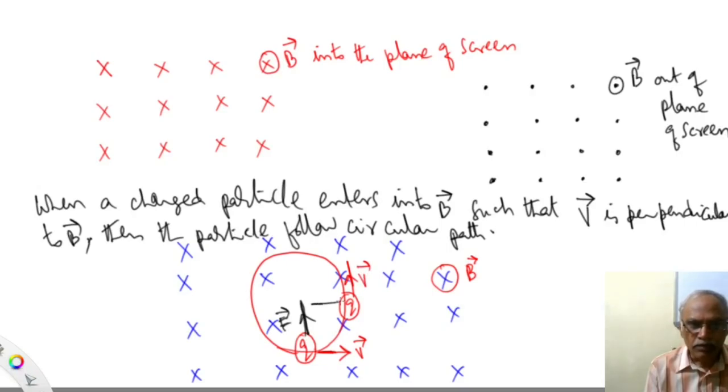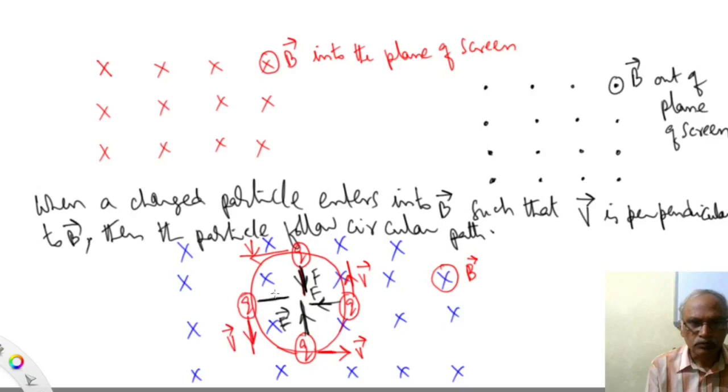If you apply Fleming's left hand rule, the thumb points toward the center. When the charged particle is here, its velocity is along this side, V bar, and the thumb will be towards down, so the magnetic force is towards the center. Everywhere in the circular path, the magnetic force is towards the center.